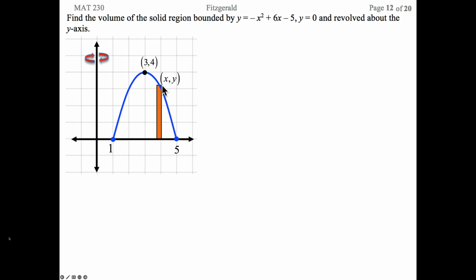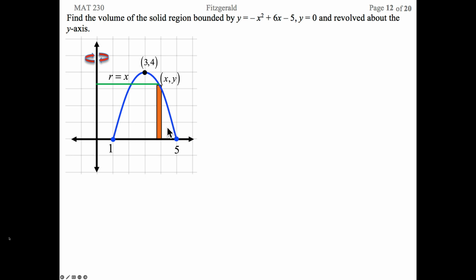Here's my xy. This rectangle is going to be rotated around the y-axis, so my radius is just going to be the x coordinate that I'm working with. When x is 1, that's my radius for my shell right here. Then my shells get taller, and my radius goes all the way from 1 to 5.